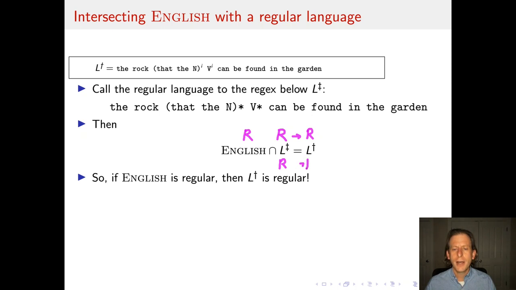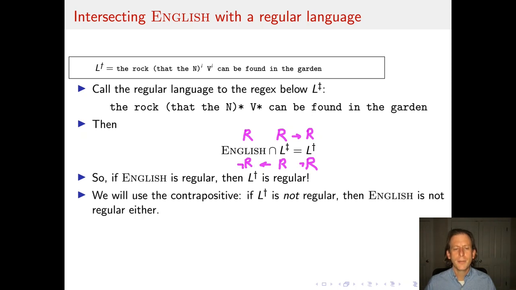Let's imagine that L dagger is not regular. That must imply that English is not regular. So that's the contrapositive. If L dagger is not regular, then English can't be regular either. That's the contrapositive of the closure under intersection of regular languages as we're applying it here.